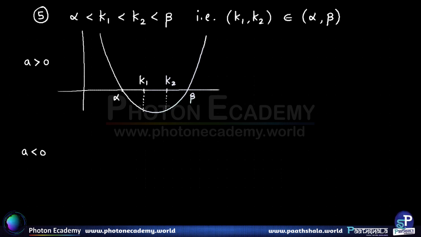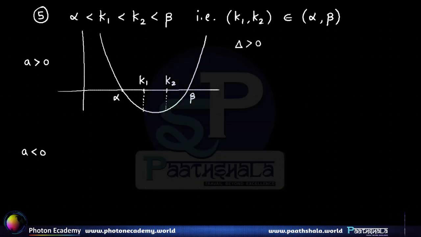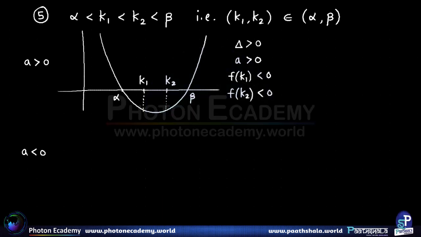Alright, so what do we have here is, firstly delta is positive, a is positive because it's opening upwards. Then we note that f of k1 and f of k2, both of these must be negative because they are in the region between the two roots.